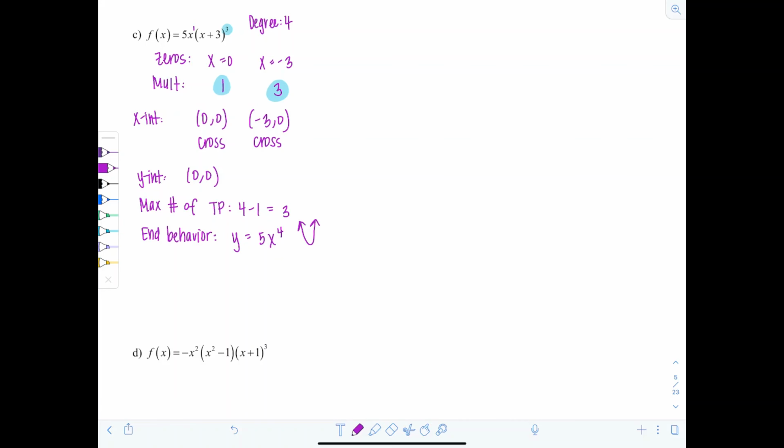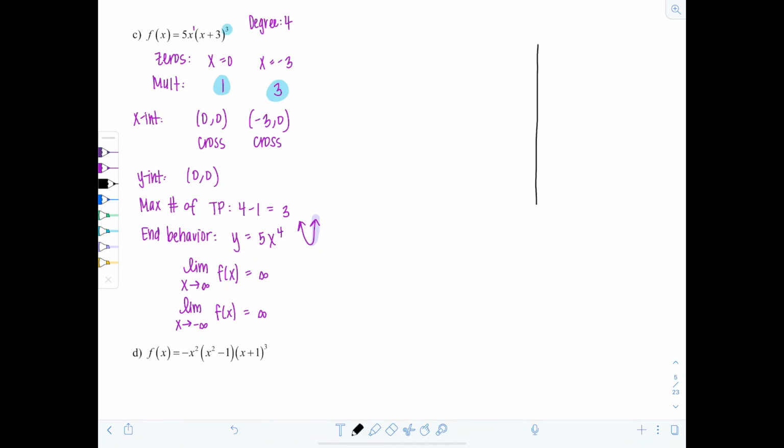So now I can write out the end behavior. The limit as x approaches positive infinity of f of x would equal, so imagine you're walking on the graph forever in the positive x direction, you're going up forever in the y direction. And then the limit as x approaches negative infinity of f of x is also positive infinity.